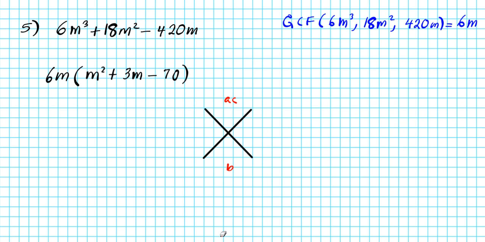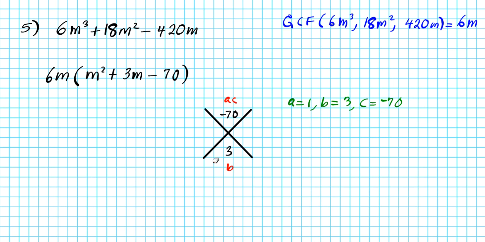We're focusing our attention on the quantity in the parentheses. A is 1, B is 3, and C is negative 70. Now AC, we multiply 1 by negative 70. We get negative 70, and B is 3.